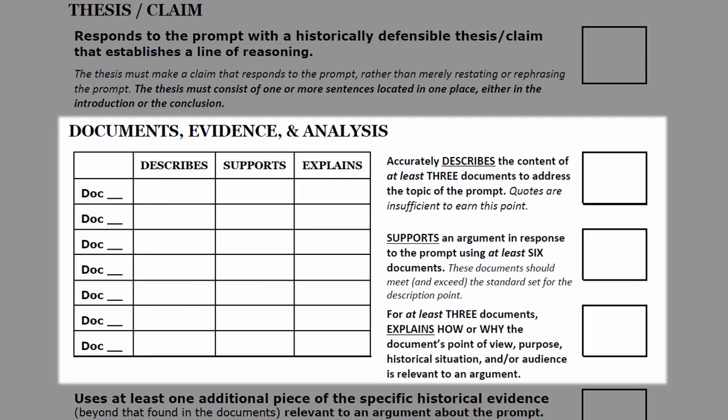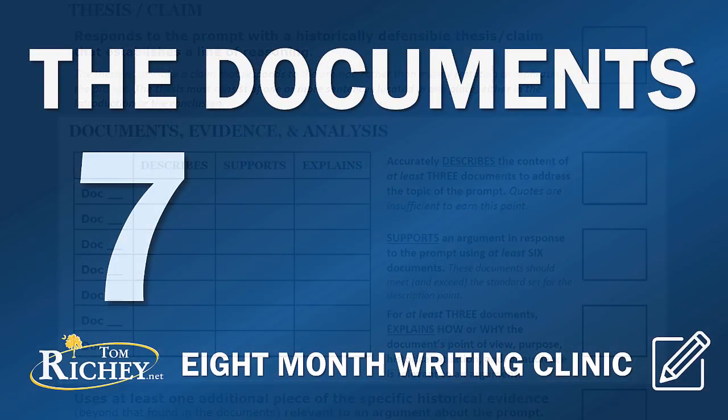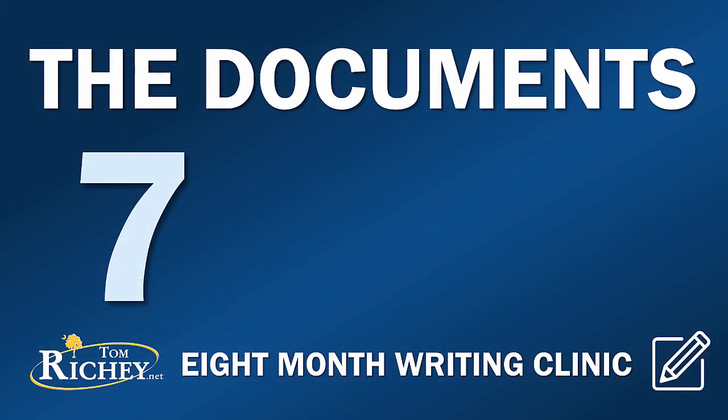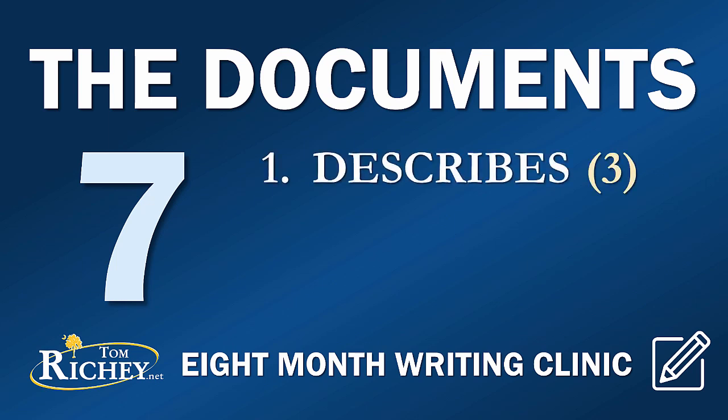Now we are going to look at how to score the next 3 points, which are scored by using the 7 documents effectively. And there are 3 things that we need to do with these documents. First of all, you can score a point by describing the content of 3 of the documents.